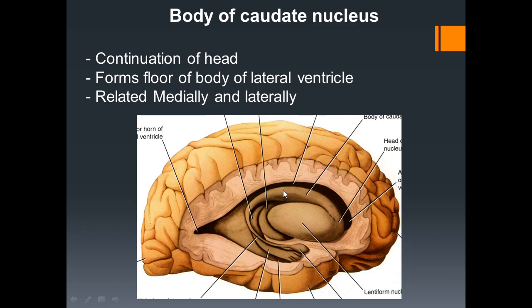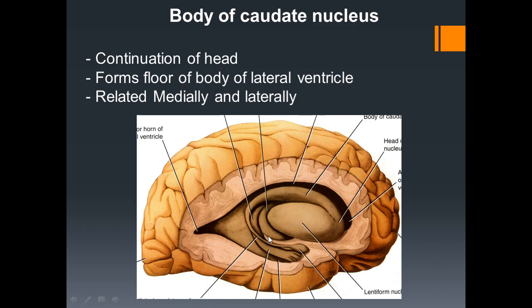And this body of the caudate nucleus medially is related to the thalamus and separated from the thalamus by the stria terminalis and thalamostriate vein, while laterally it is related to the lentiform nucleus and fronto-occipital fasciculus.